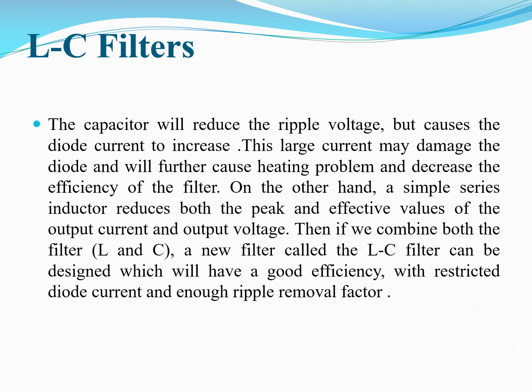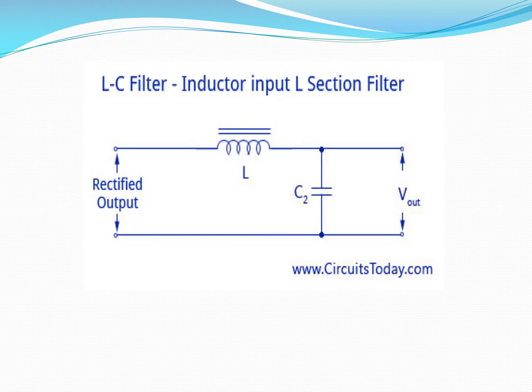On the other hand, a simple series inductor reduces both the peak and effective values of the output current and output voltage. This is the circuit diagram for the LC filter, where you can see the inductor is connected in series and the capacitor is connected in parallel.